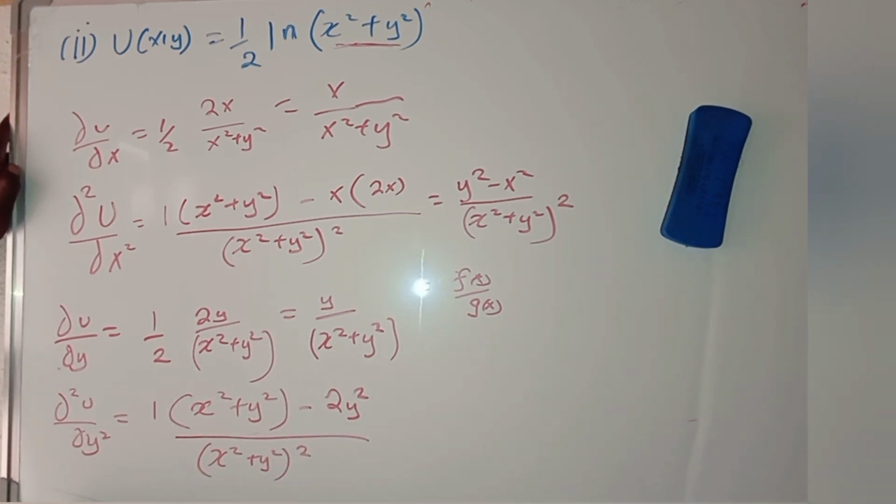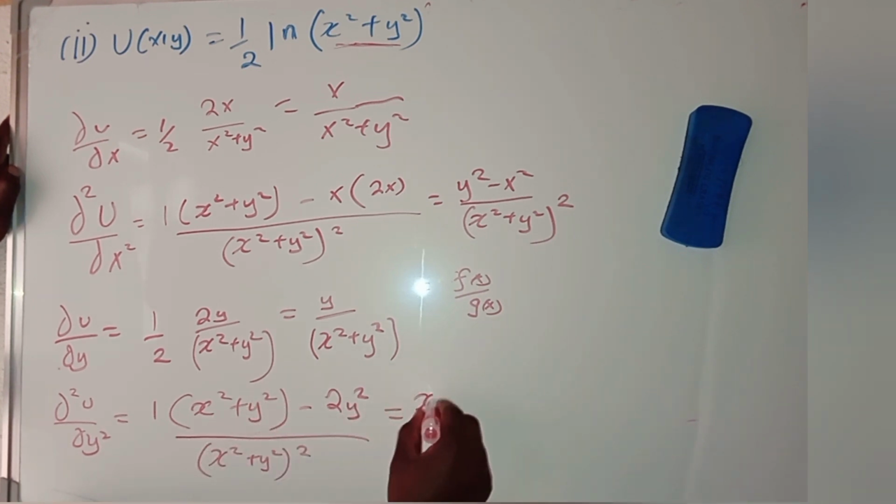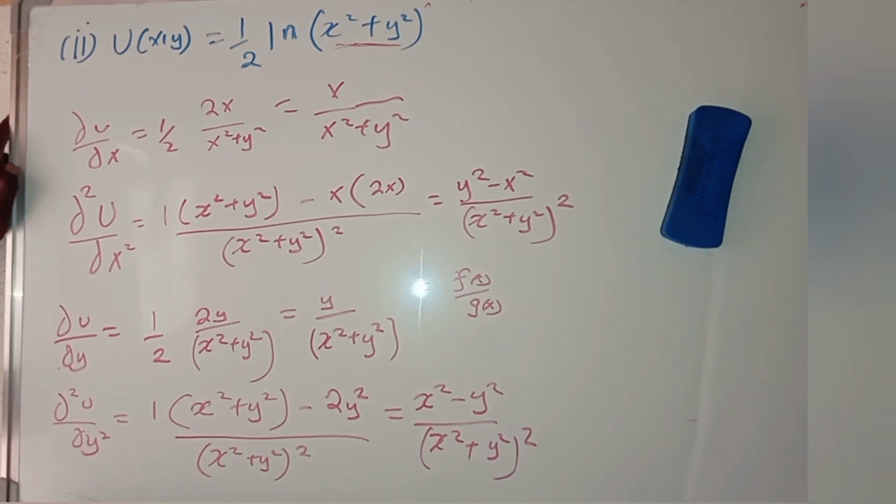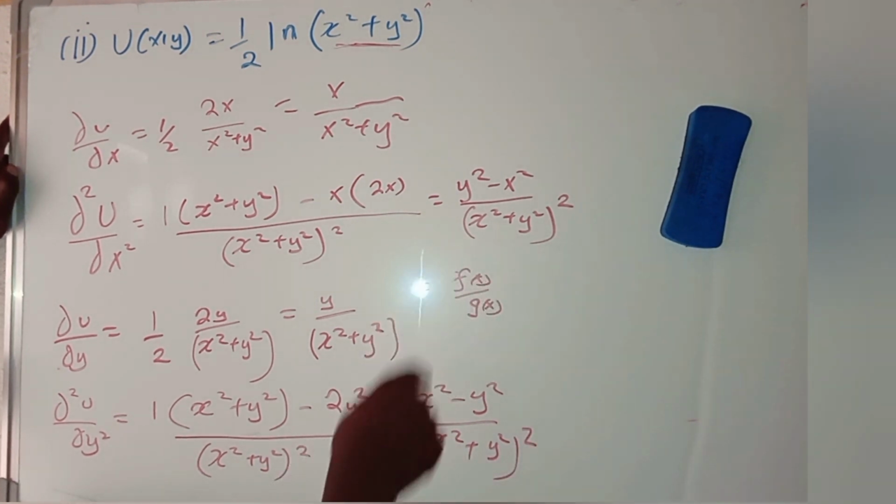So this is equivalent to x squared plus y squared minus 2y squared, which is x squared minus y squared, divided by x squared plus y squared, over 2. You have this and this.